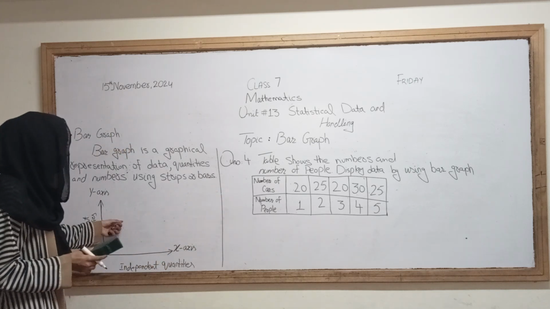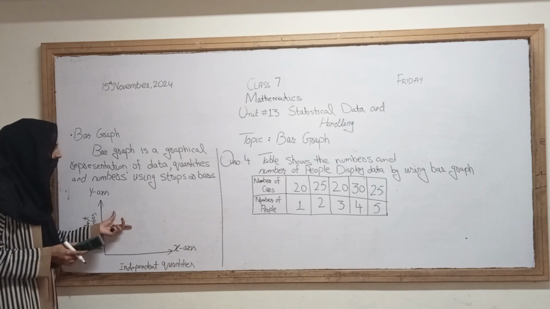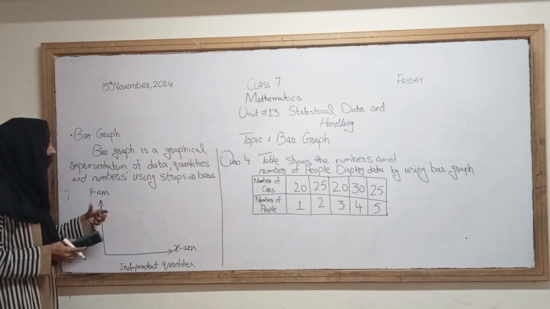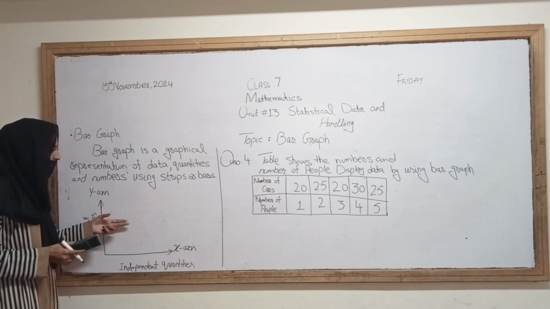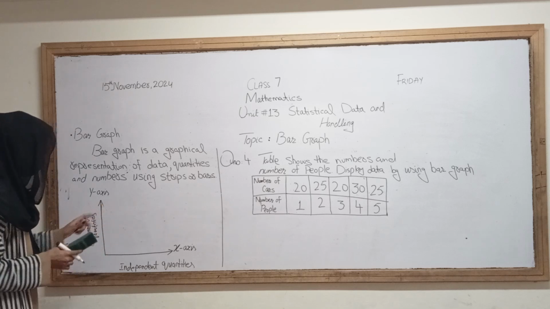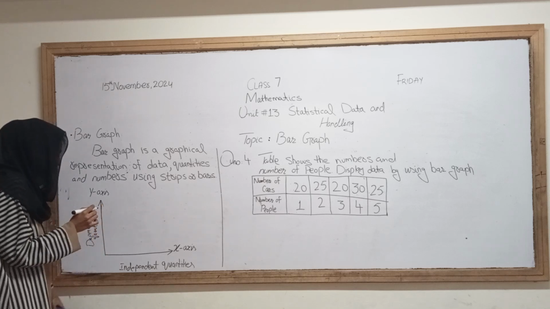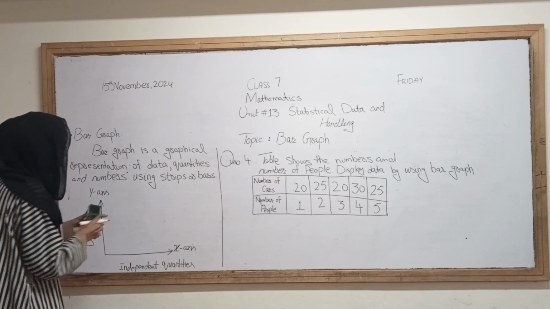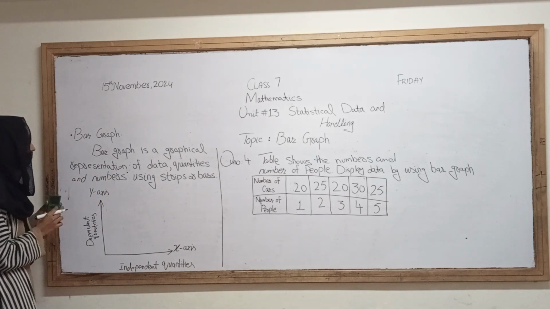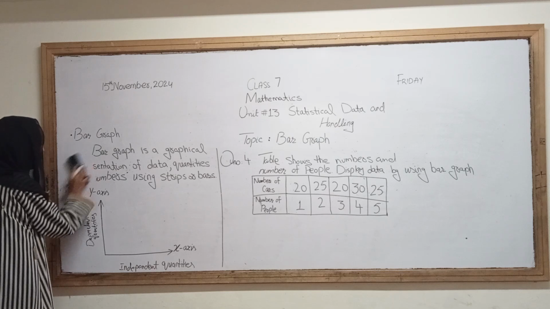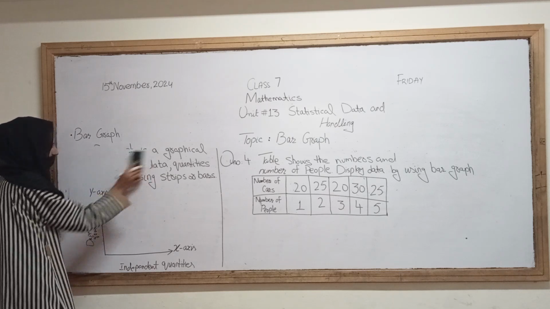You know what a bar graph is? A bar graph is a graphical representation of data, quantities and maybe numbers using strips and bars. You have to draw the strips and bars. So let's draw our bar graph. Students, you have to note this definition in your notebooks and you have to learn it.